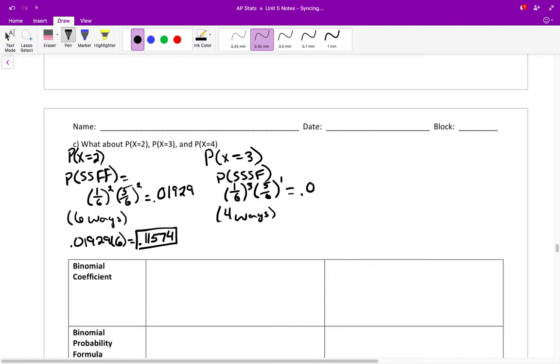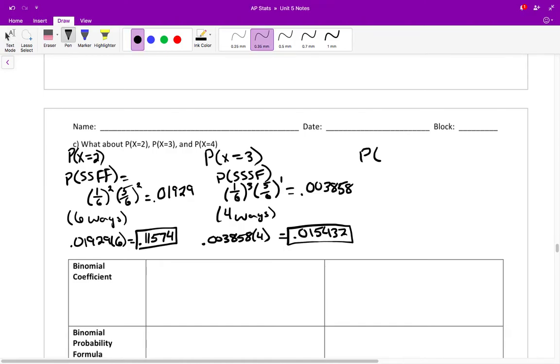And for this one, you get a probability of 0.003858, which when you multiply by 4 here, 0.003858 multiplied by 4, you get that there is a little more than a 1% chance, 0.015432, that you roll exactly 3 6s in 4 separate trials.